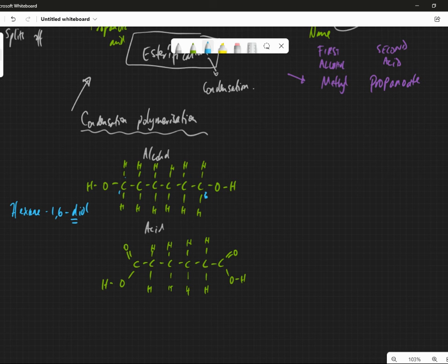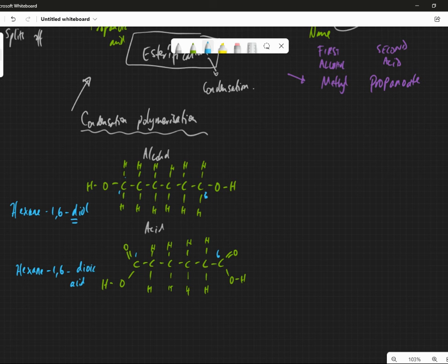Now, similarly, this one down the bottom, if there was only one functional group, this would be called hexanoic acid. But this is called hexane-1,6-dioic acid. And that just means it's got a functional group at number 1 and a functional group at number 6.